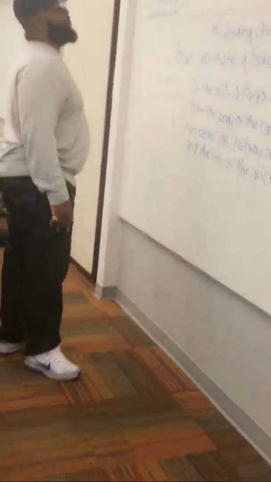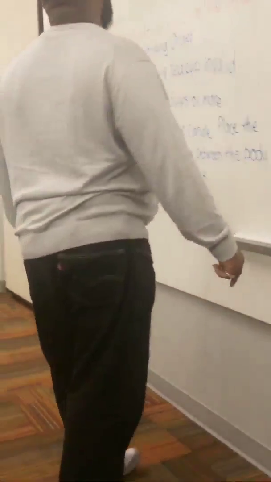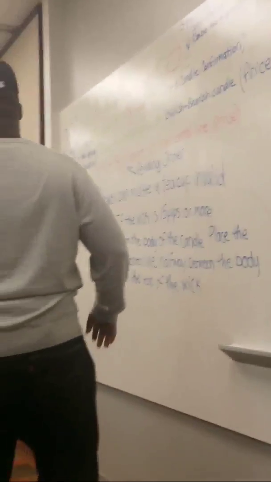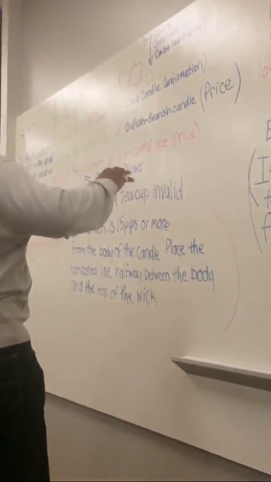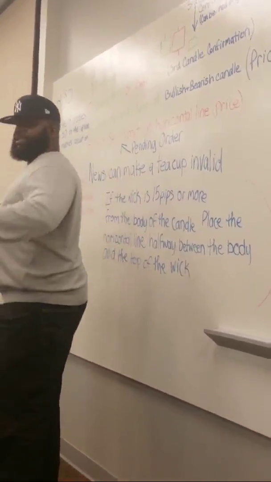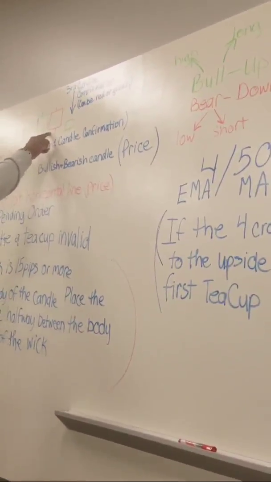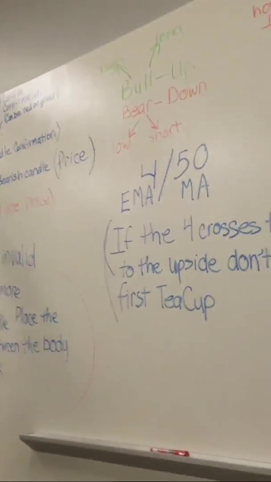Now, with the T-Cup, we're looking for a bullish and a bearish, lower high, lower low. You mark it off with the third candle confirmation. So a bullish candle, let's just say it's green and red right there, right? We have a green candle followed by a red candle, roughly at the same height.